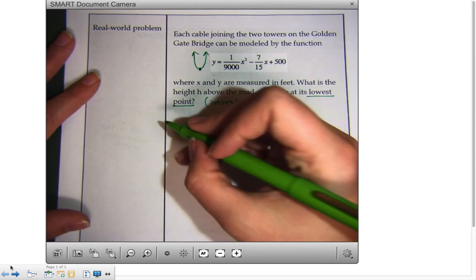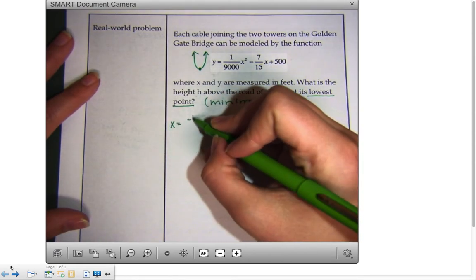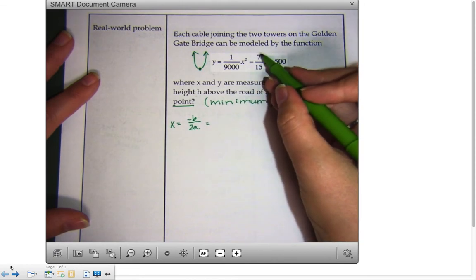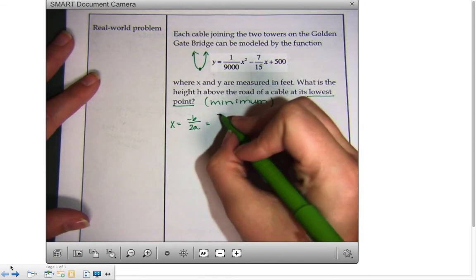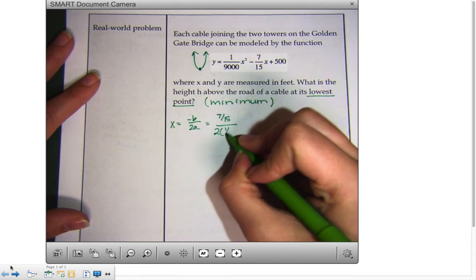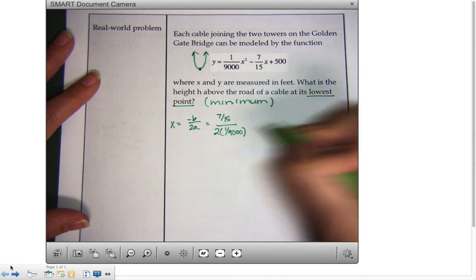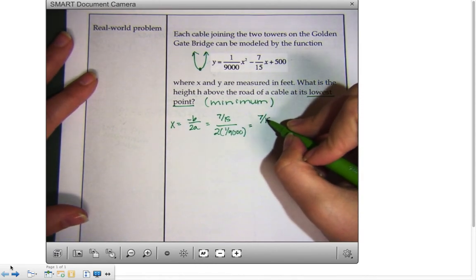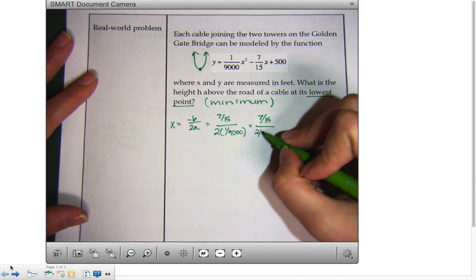So I have to find the x value first. X equals the opposite of b over 2a. B is -7/15. So the opposite is 7/15, over 2 times a, which is 1/9,000. If we're doing this by hand, that's 7/15 over 2/9,000.